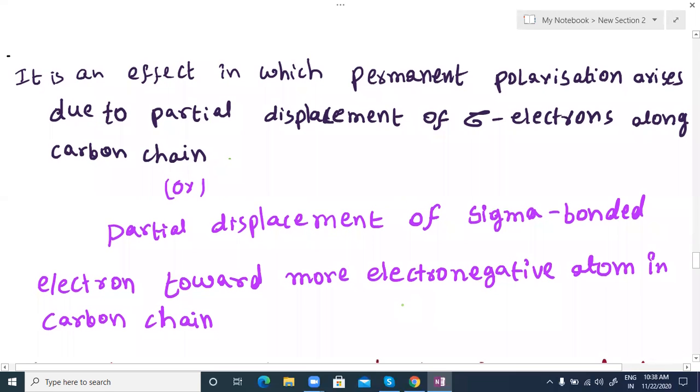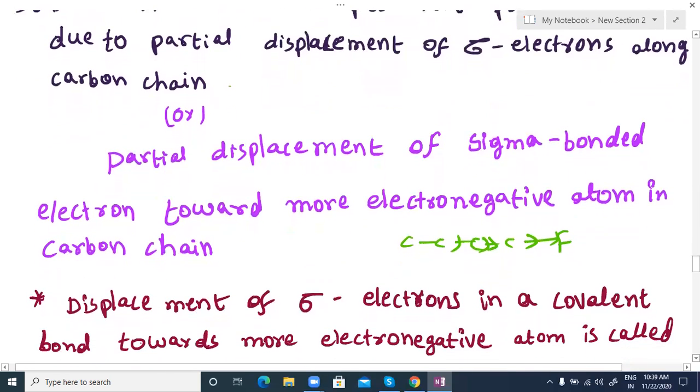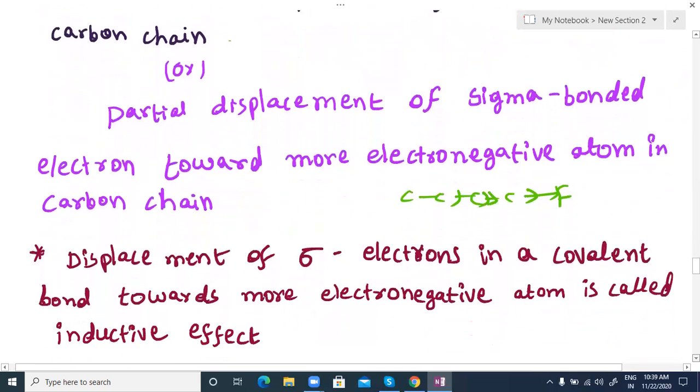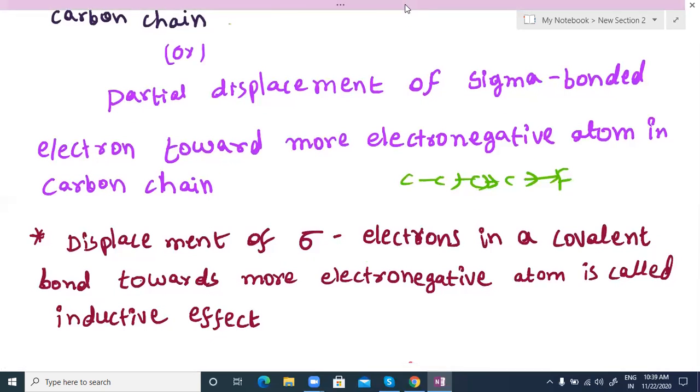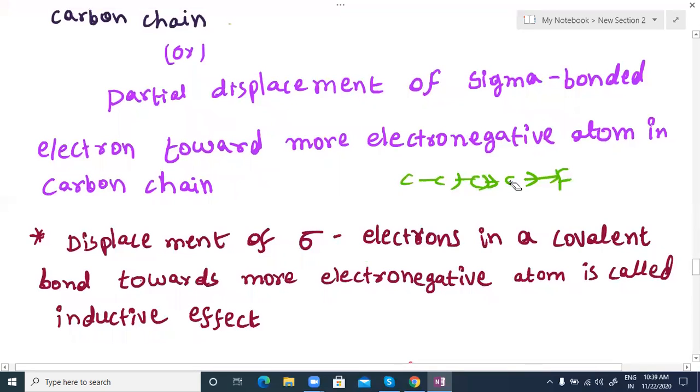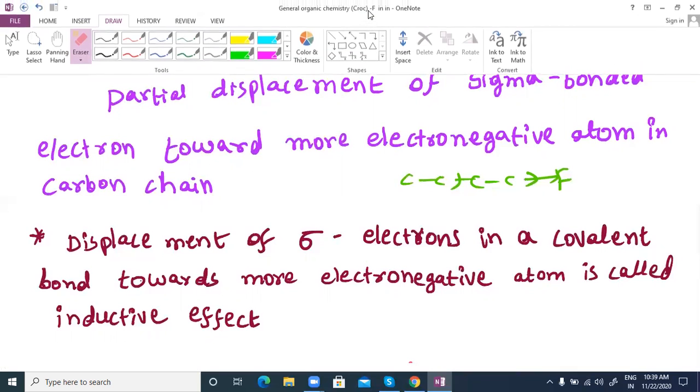The carbon chain contains fluorine, and electrons move towards fluorine. Just imagine this example when you are reading the definition. Displacement of sigma electrons in a covalent bond towards the more electronegative atom is called the inductive effect. F is the more electronegative atom, so all the electrons move towards fluorine. This phenomenon we call the inductive effect.